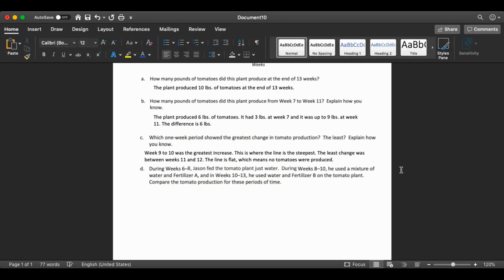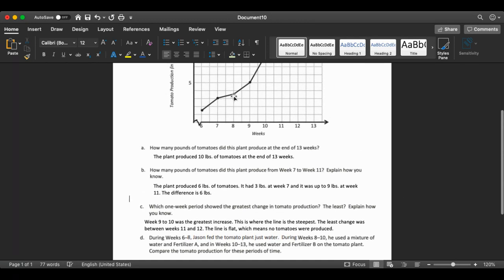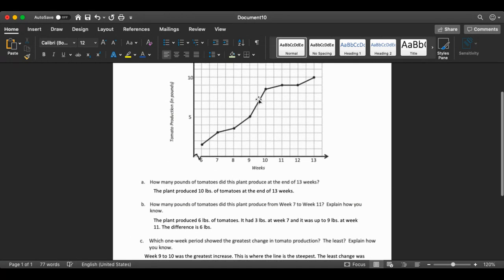During weeks 8 to 10, he used a mixture of water and fertilizer A. And in weeks 10 to 13, he used water and fertilizer B on the tomato plant. Compare the tomato production for these 3 periods of time. All right, so we have weeks 6 to 8. We have weeks 8 to 10. And then we have weeks 10 to 13.